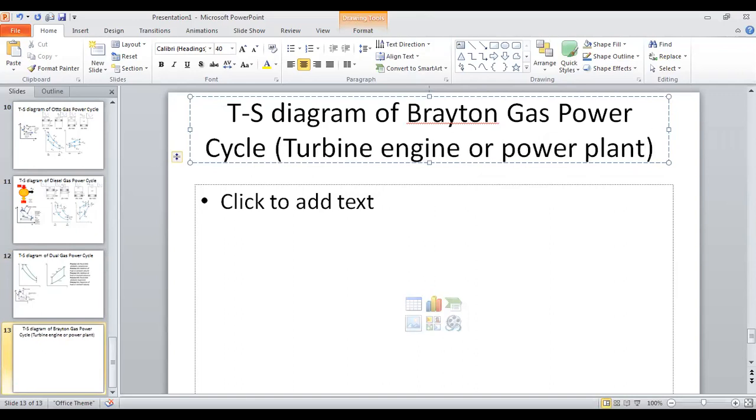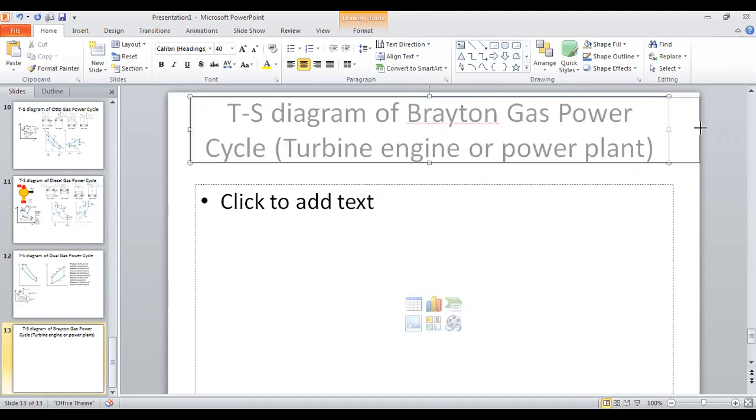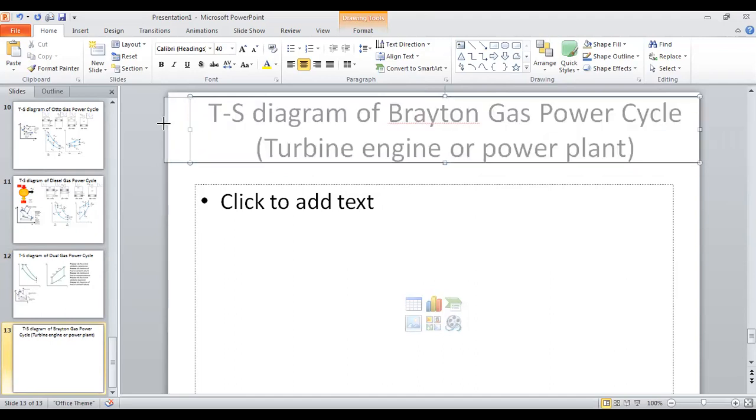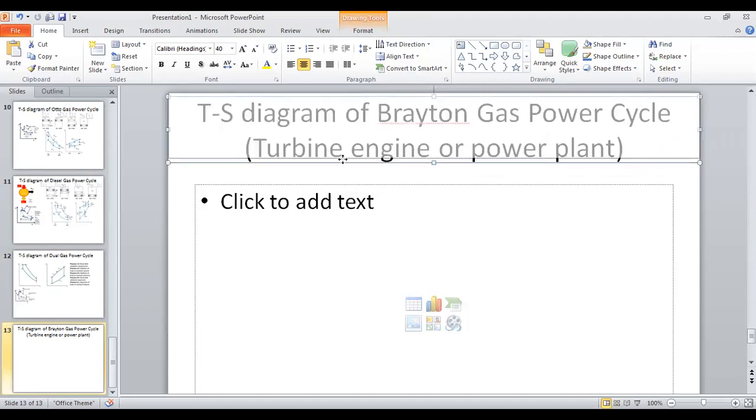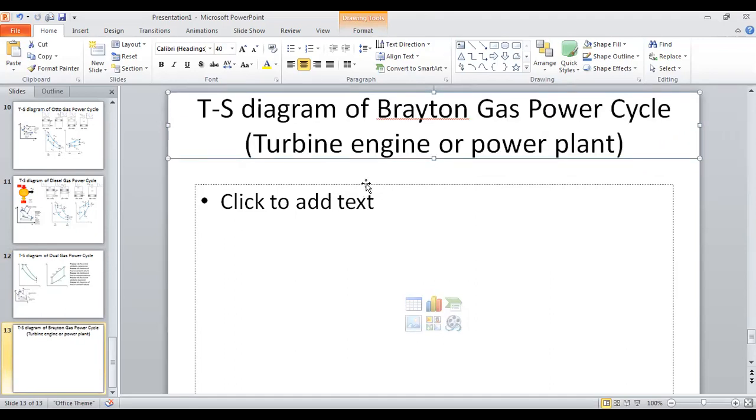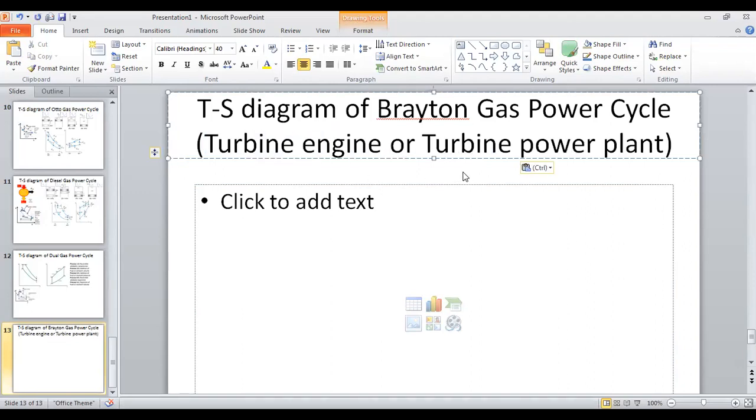Even in aircraft, the turbine engine is called a power plant. Turbine engine or turbine power plant. Then it's more clear.